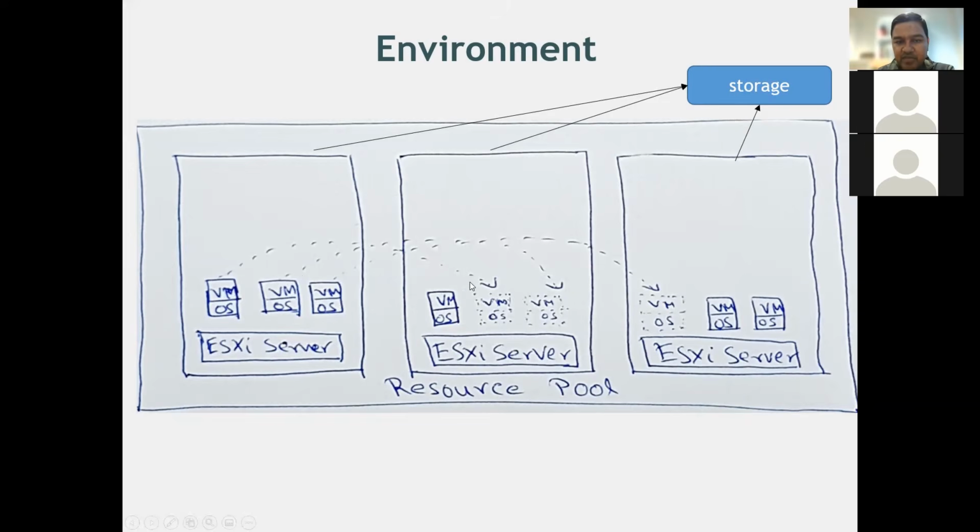So 3 VMs can be shifted to other hosts, and all these hosts have shared storage. Only in this condition can high availability be maintained. So we understood that all these are ESXi hosts, clustered together, and using the shared storage.